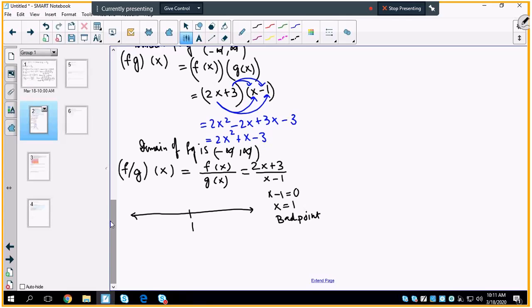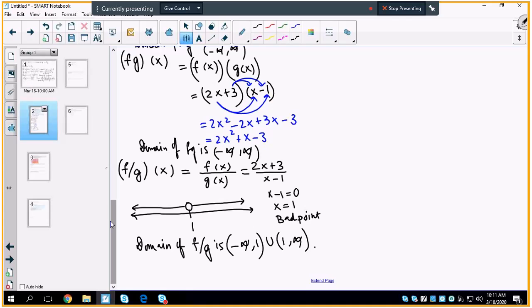So this is your 1, which is a bad point. Don't take it, take everything else. And hence we get to say the domain of the division of the two functions f over g is negative infinity to positive 1 and then positive 1 to positive infinity. That would answer your question in entirety.